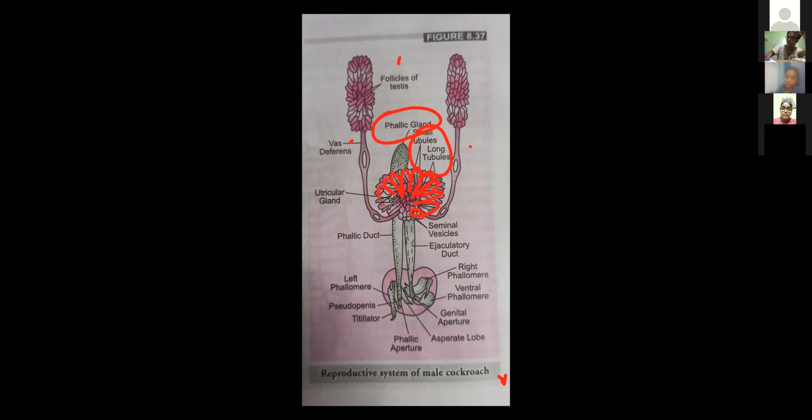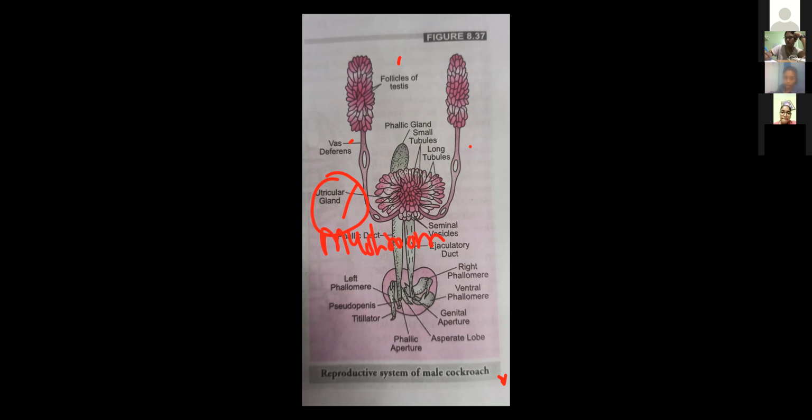Okay, entire tubular structures are there, in which some are long tubules, some are small tubules. So this is the main utricular gland, or you can say that mushroom gland, because इसका जो shape होता है like a mushroom, right?